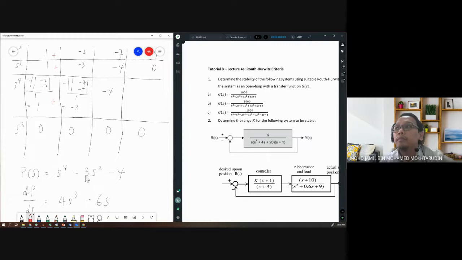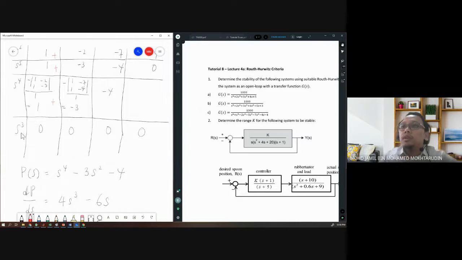But you need to look at when you have zeros in this row, for example row S3, then you need to look at row above of that zeros. So in this case, it's row S power of 4. Then you create or generate this new equation and then differentiate. So let's say this is row S5, for example, instead of row S3.